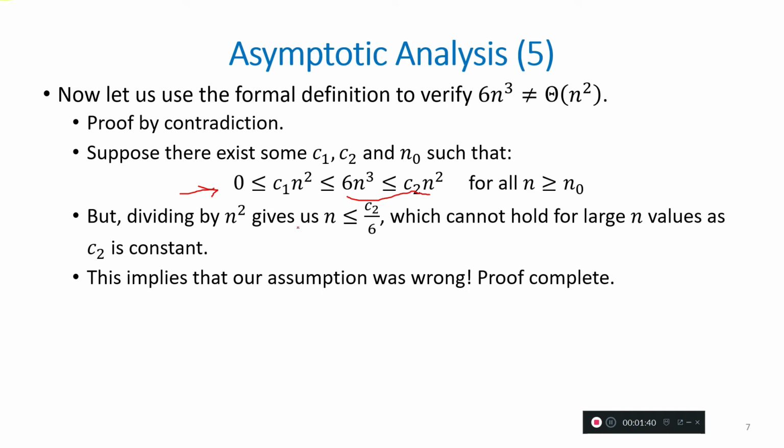By dividing this part by n squared, we would get n is less than or equal to c2 divided by 6, where c2 is some positive value. But we know that n cannot be bounded from above because n can be any sufficiently large value. So this implies that our assumption was wrong, and therefore 6n cubed cannot be equal to theta n squared.